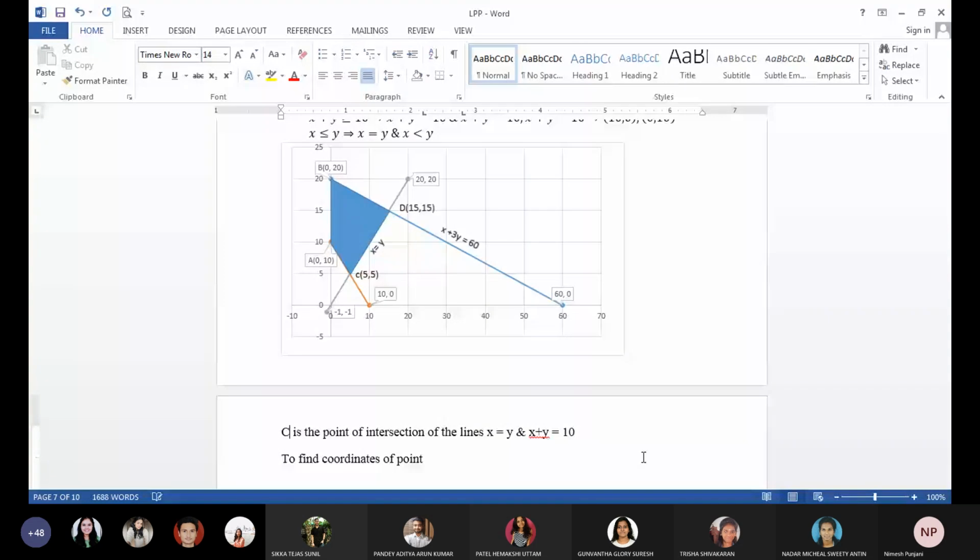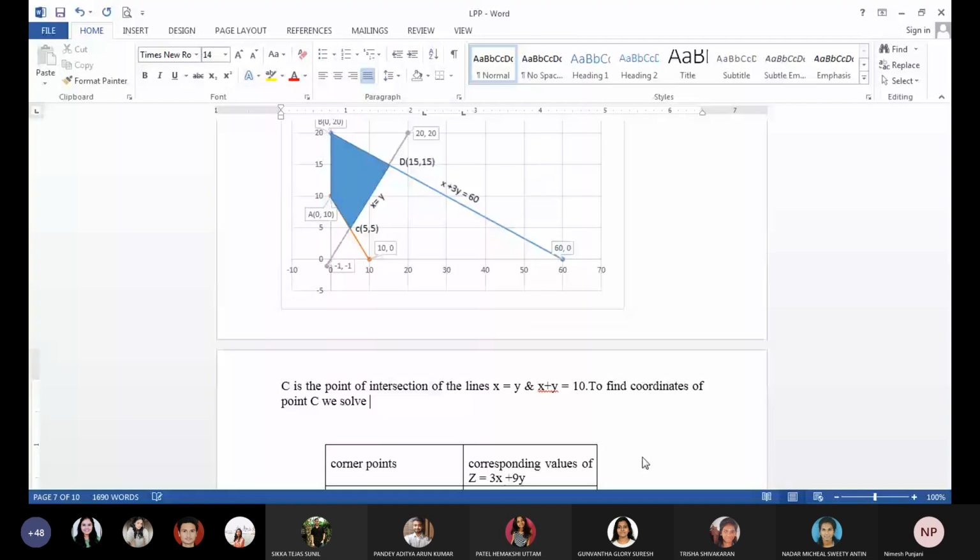So to find the coordinates of point C, we solve x plus y equal to 10 and x equal to y.